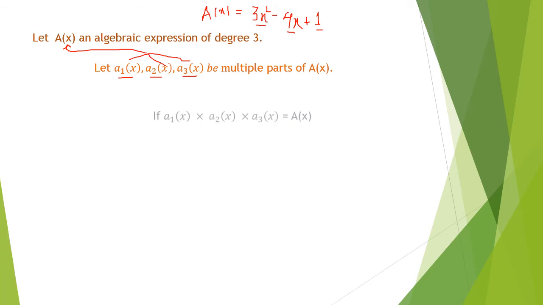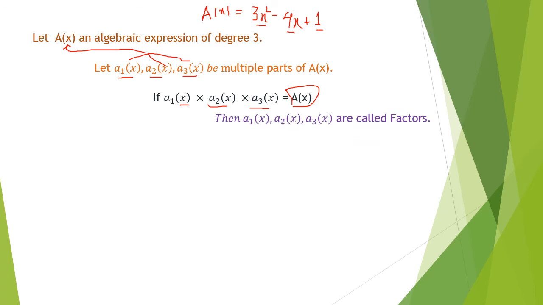Now, if we multiply them again and get the original a(x), then we conclude that a1(x), a2(x), a3(x), these multiple parts, are called factors. Why are they called factors? Because if we recombine them and they give the original algebraic expression, then they are called factors.